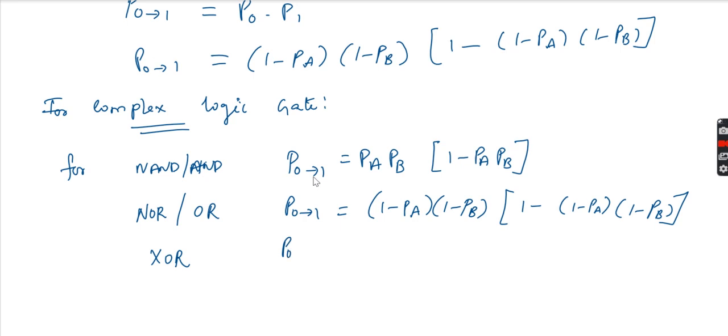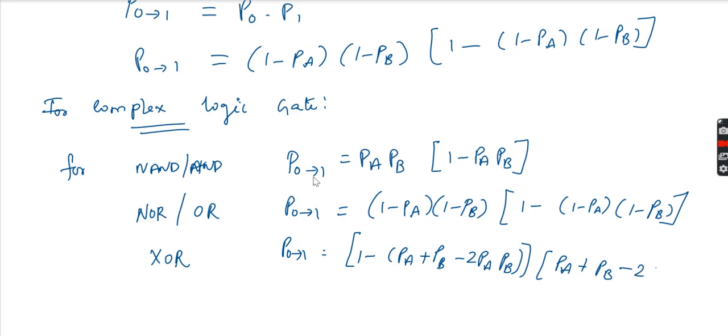So for XOR gate the switching activity will be 1 minus PA plus PB minus 2 times PA into PB, then PA plus PB minus 2 times PA PB.